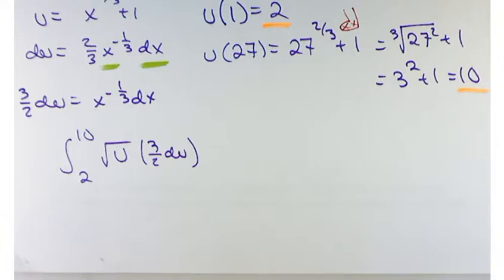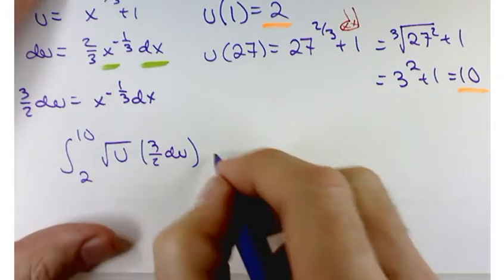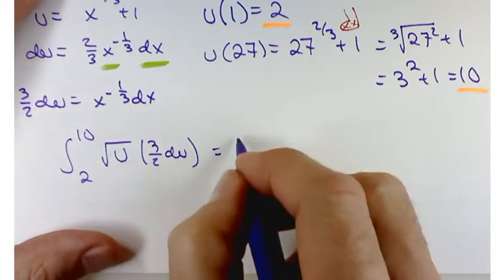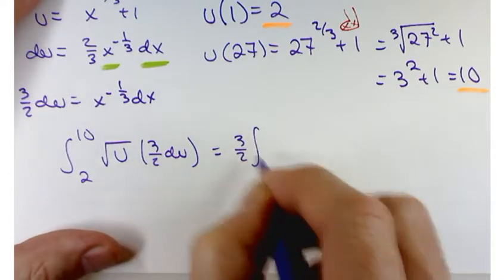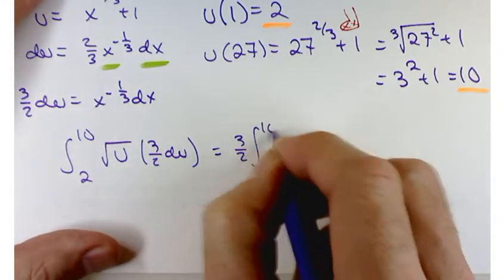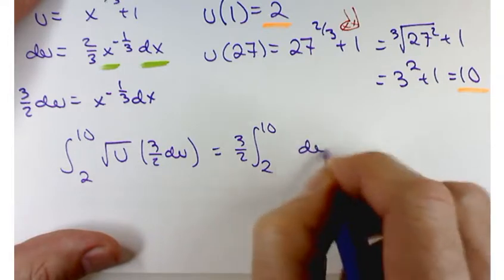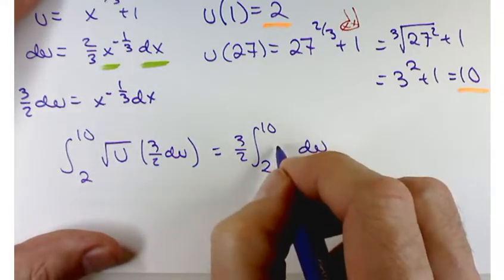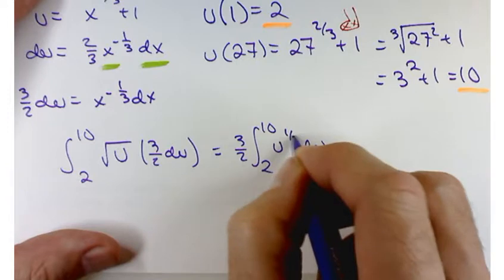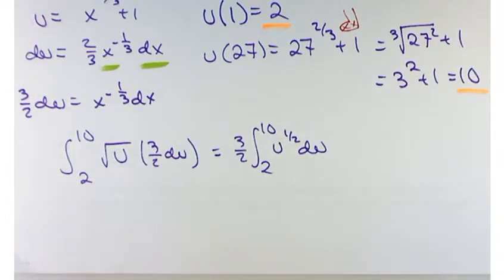We don't have to go back and change units and work with x. We're just done with it. I am going to clean this up a little bit. Let's take the 3/2 out in front and rewrite the integrand. How am I going to rewrite the integrand? Good. u to the 1/2.